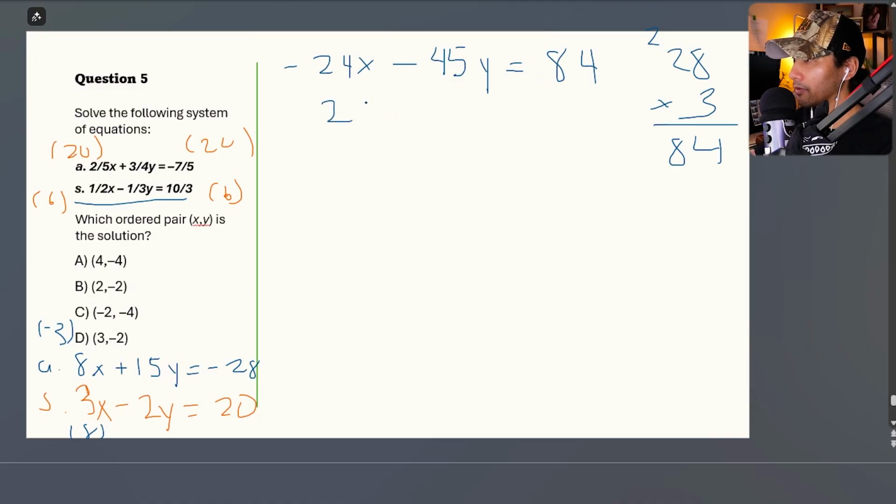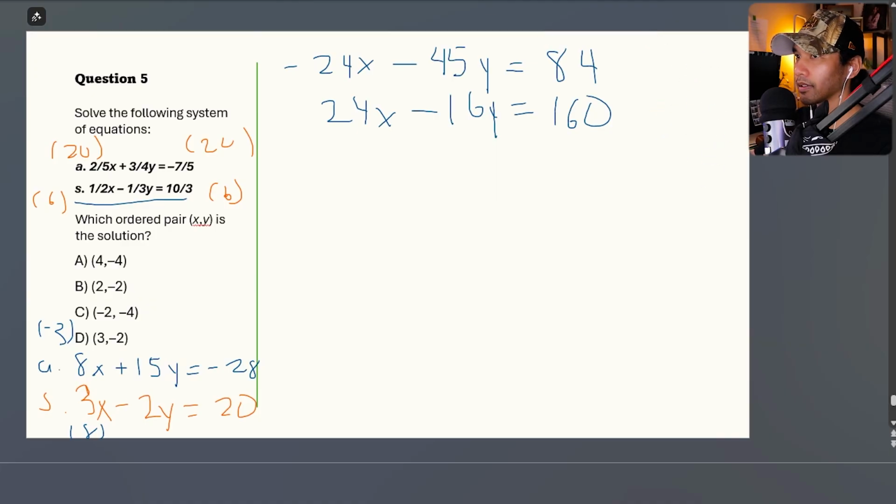And then this is 24x minus 16y equaling, and 20 times 8 is 160. Okay. Perfect. And then we eliminate that. Wow, this is huge. I don't remember doing it like this though. But let's just see. Maybe I may have got this one wrong. Who knows? Okay. Let's combine.